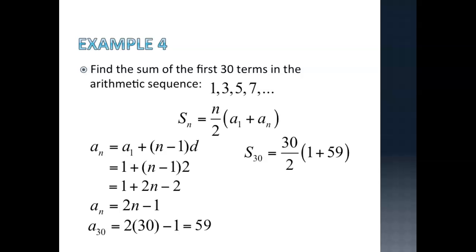And then in parentheses, the first term is 1, and the 30th term we just found is 59. So this ends up being 15 times 60, and 15 times 60 is equal to 900. So the sum of the first 30 terms in the sequence is 900.